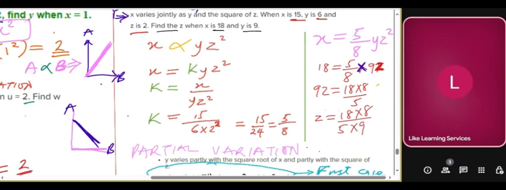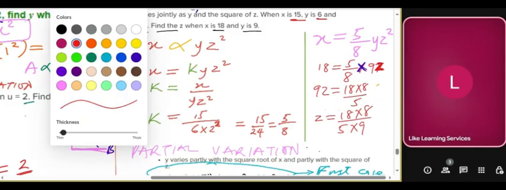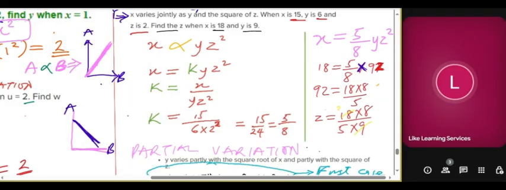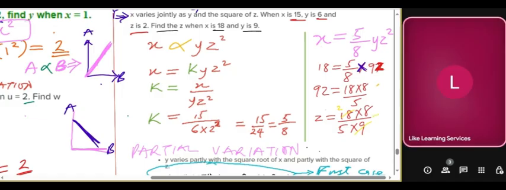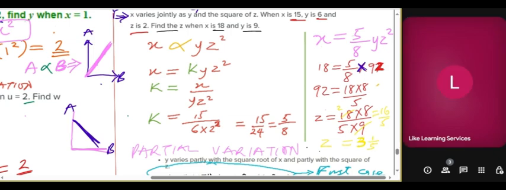Things cancel out. This will be 2, this will be 1, this will be 2. That would be 16 over 5. So z squared is 16 over 5, or 3 whole number 1 over 5. Am I right? Yeah. Or 3.2.